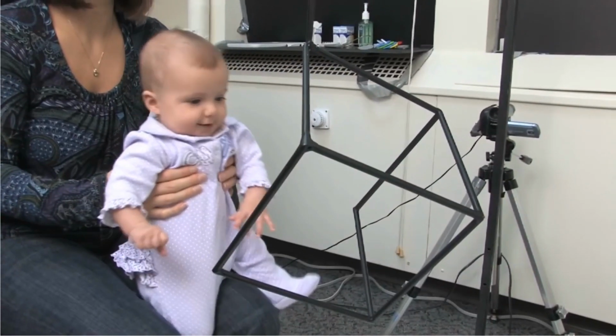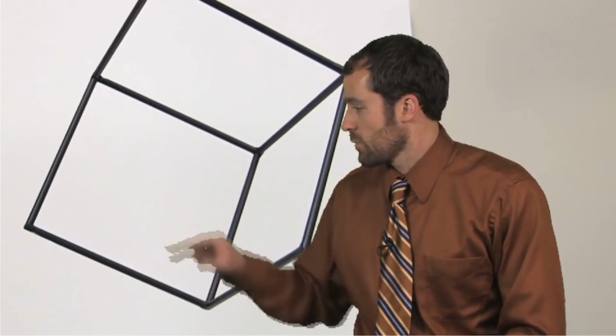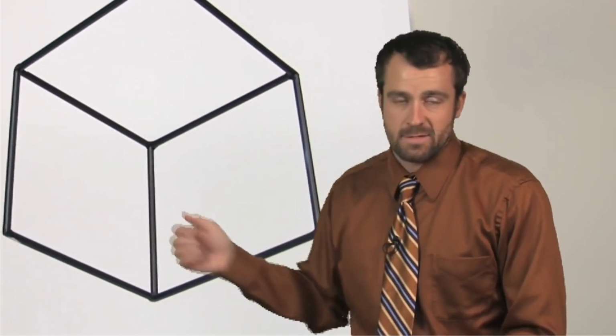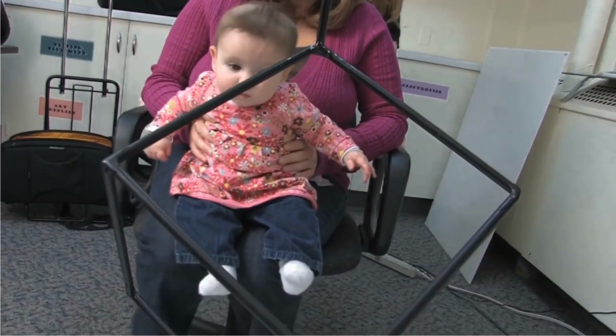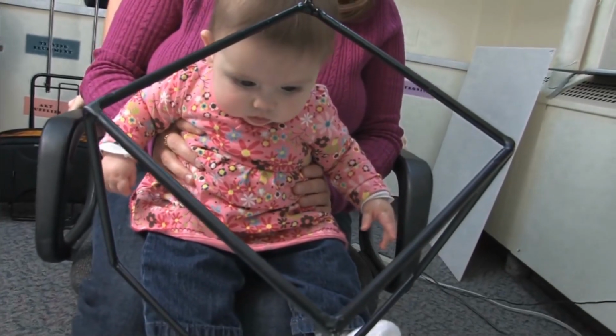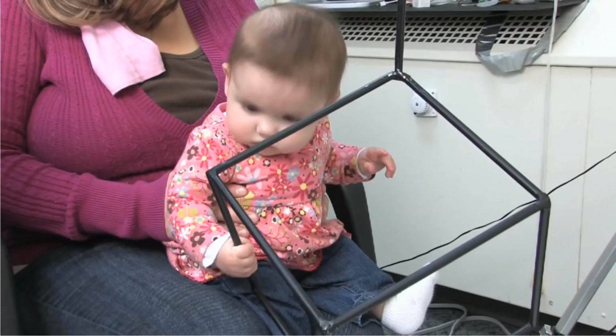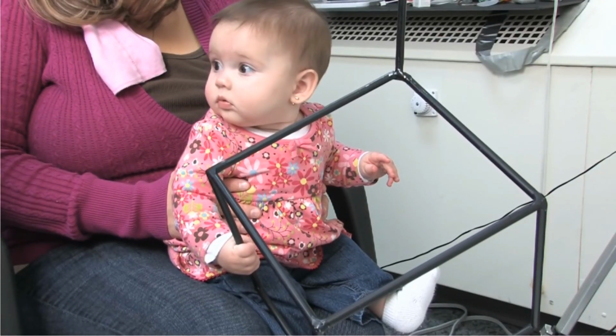And that's enough to blow a baby's mind. As it turns out, those babies are no worse than a lot of adults when it comes to figuring out exactly what shape the box is. And that tells researchers an awful lot about when our brain develops and how it develops. For example, this work at the U of M's Institute of Child Development is proving that you really should only believe half of what you see. Because there's a two-dimensional image on your retina, your brain has to take that and form it into a three-dimensional image of the world. When there's not enough information available, the brain has to make assumptions.